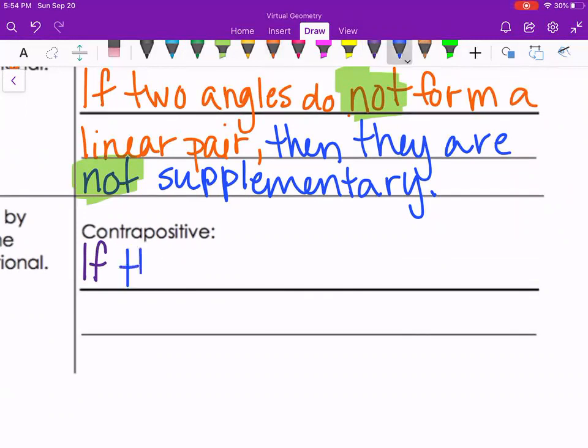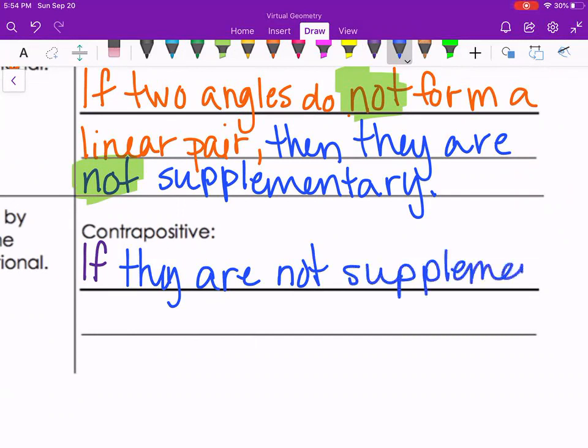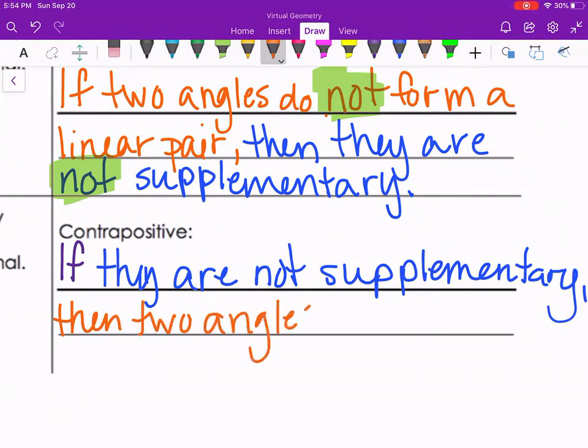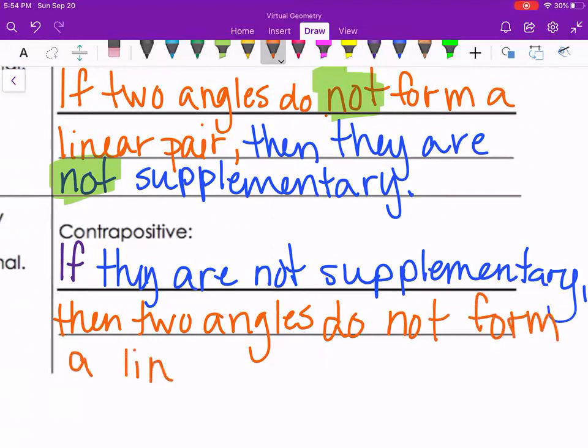If they are not supplementary, comma, then two angles do not form a linear pair. Okay, and those are our three forms.